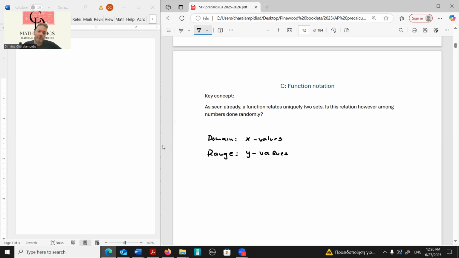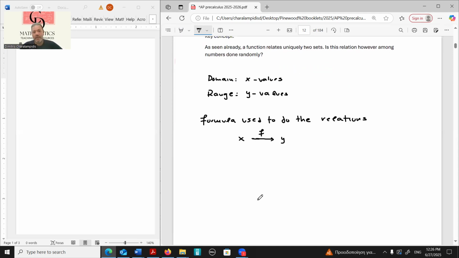The function notation is the formula used to do the relations. So from x, we go to the corresponding y value through a formula f.